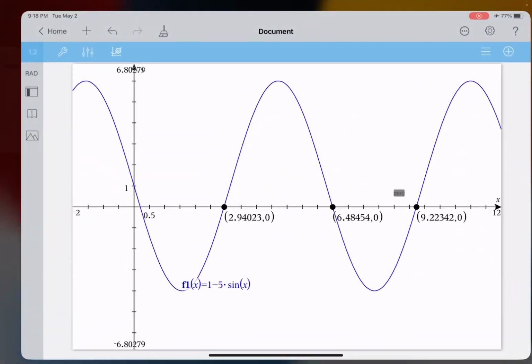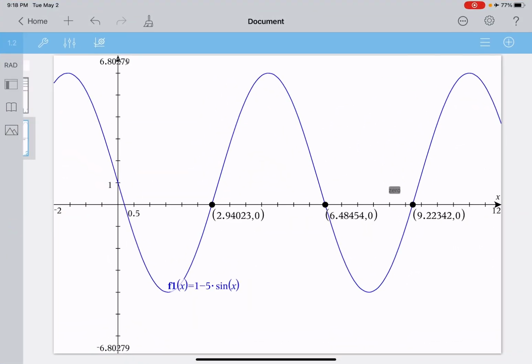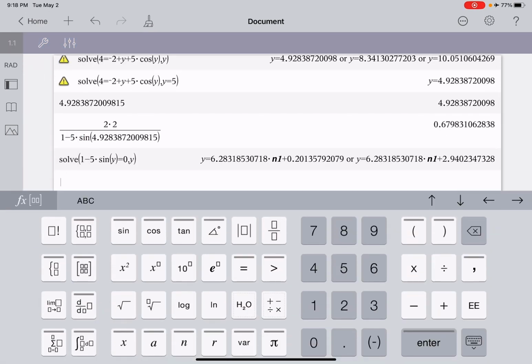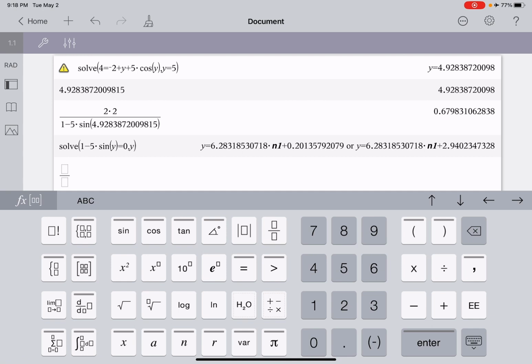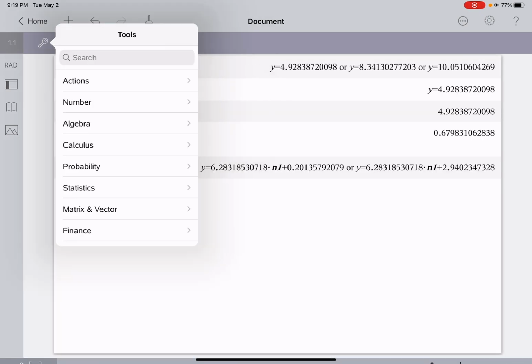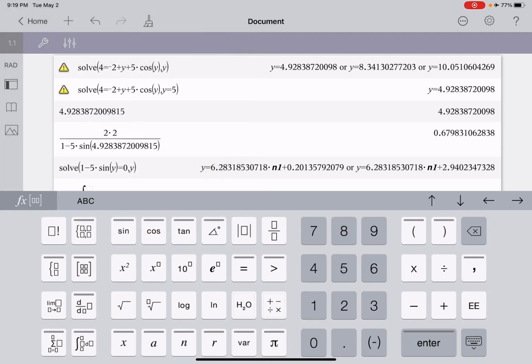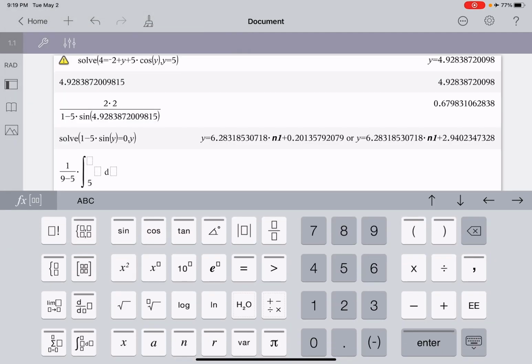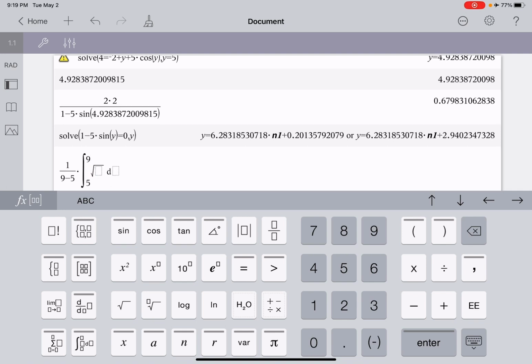So there's a lot going on in this problem here, guys. And let's type this in. We've got a fraction with 1 over 9 minus 5 for our denominator, which gets multiplied now by a definite integral. So menu 43 for you guys, an integral that starts at 5 and goes up until 9, and the integrand, we said, was going to be the square root of -2 plus y plus 5 times the cosine of y.